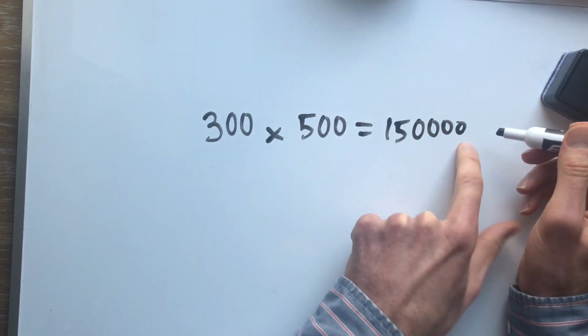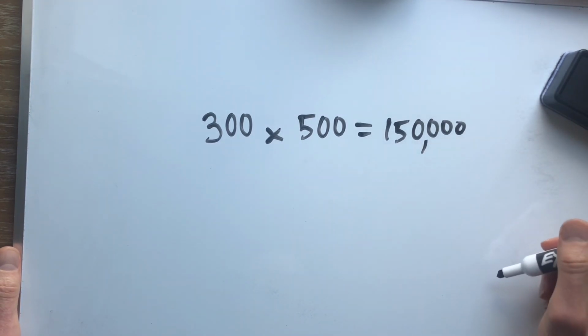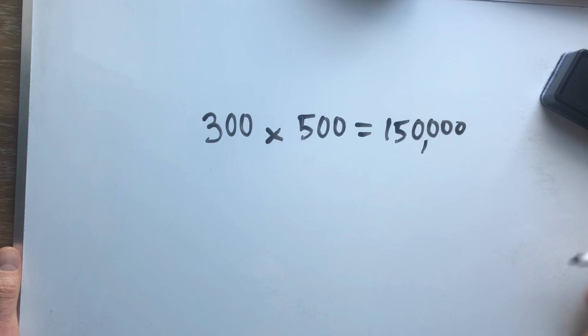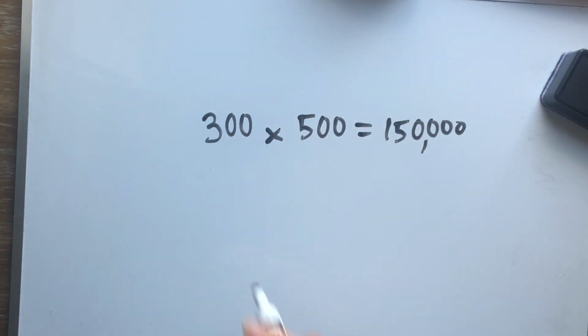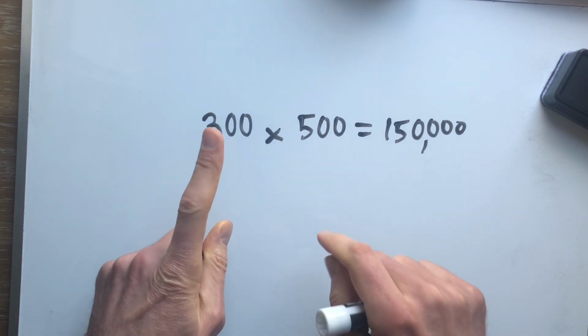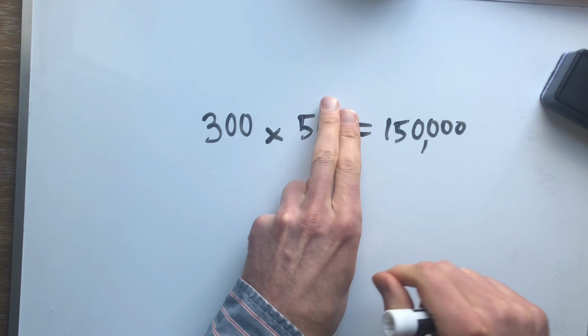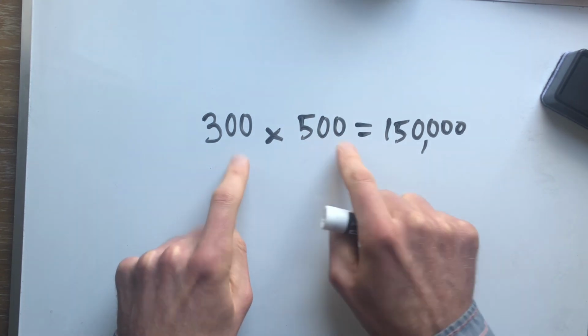You count back 3, 1, 2, 3, comma, then you just solved it. 150,000. And that's because you're able to move things around a little bit. So count the zeros, throw them on the other side, because we're not talking about 300 times 5. We're talking about 300 times 500. So all these zeros need to go on this side too.